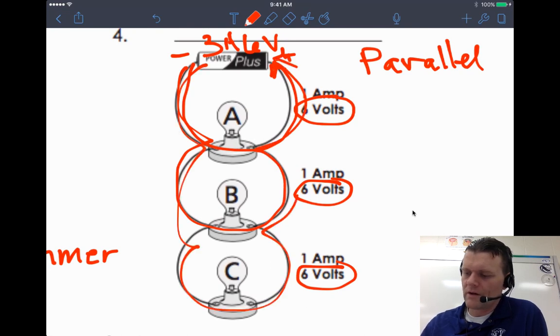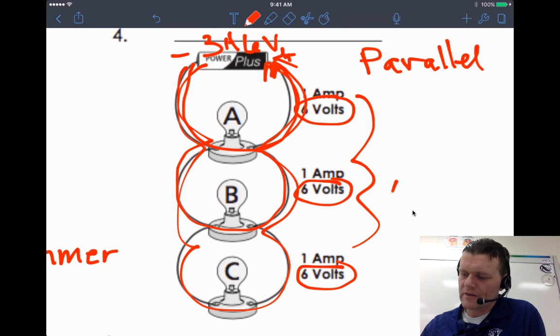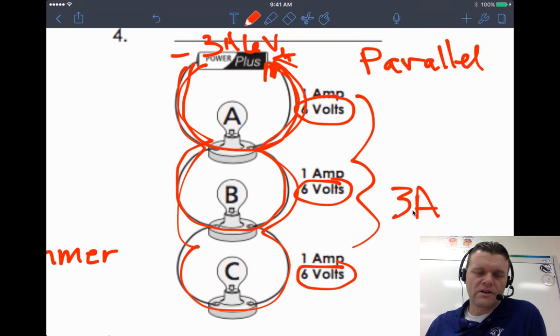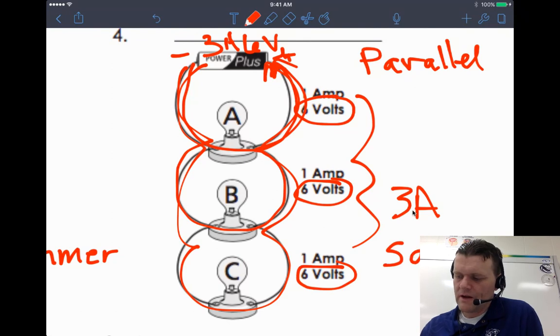And each light bulb will get the same amount of voltage, but yes, each one only gets 1 amp. And if you're following that, all 3 of those add up to 3 amps. But based on our cell source, we also have 6 volts. So what's really neat about these is that all 3 light bulbs will be the same brightness.